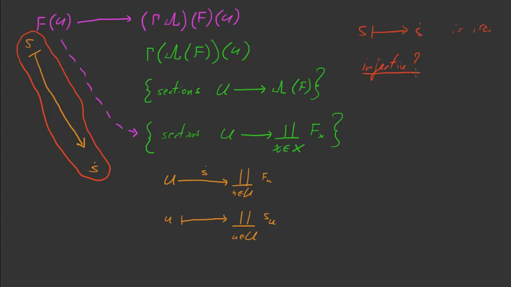Well, that question basically is: if s dot is equal to t dot, where s and t are inside of F of U, does that imply that s is equal to t? Yes, it does. This is the separation property of sheaves. So this is a property that separated pre-sheaves will have.